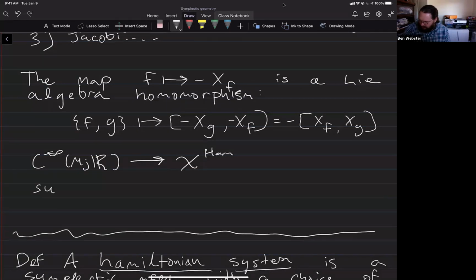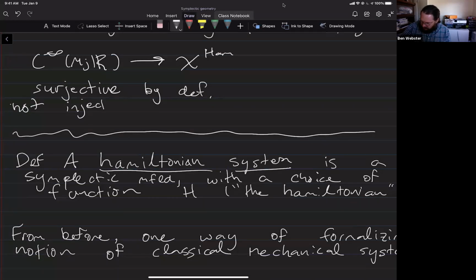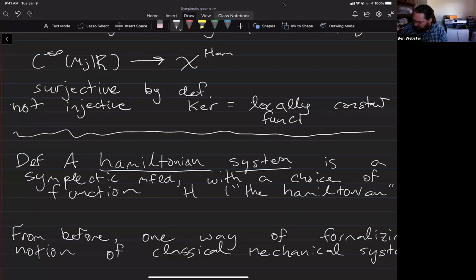So a Hamiltonian vector field is by definition one which is in the image of this map. And it's not injective. Rather, its kernel is equal to the locally constant functions. And I say locally constant functions because I didn't assume my manifold was connected.